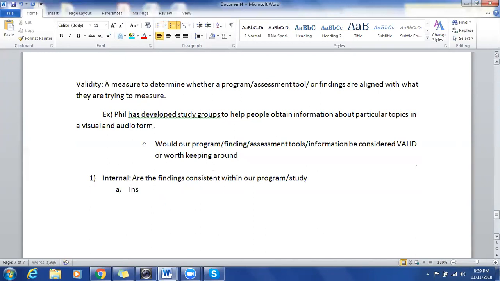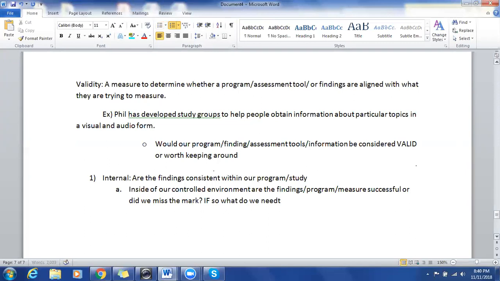So basically inside of our controlled environment, are the findings, program, or measure successful, or did we miss the mark? If so, what do we need to change?